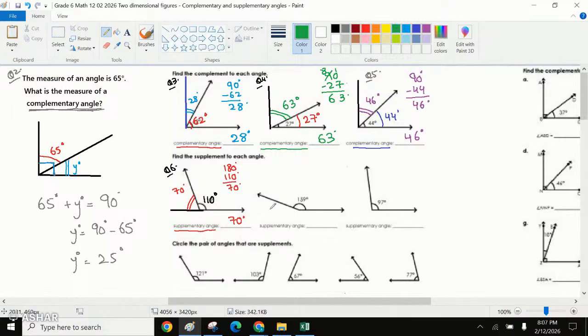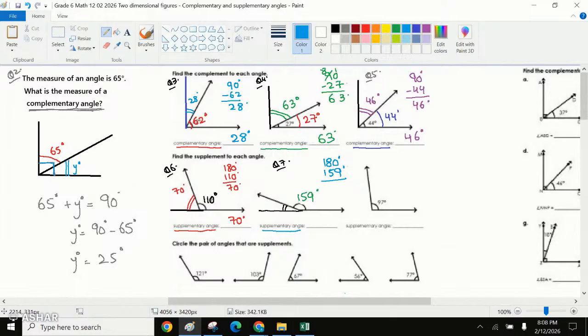In the next question, question number 7, this angle was given as 159. So can we find the supplementary angle? That means the sum of both angles is 180, so 180 minus 159. 180 minus 150 is, it's difficult, right? But 18 minus 15 is 3.